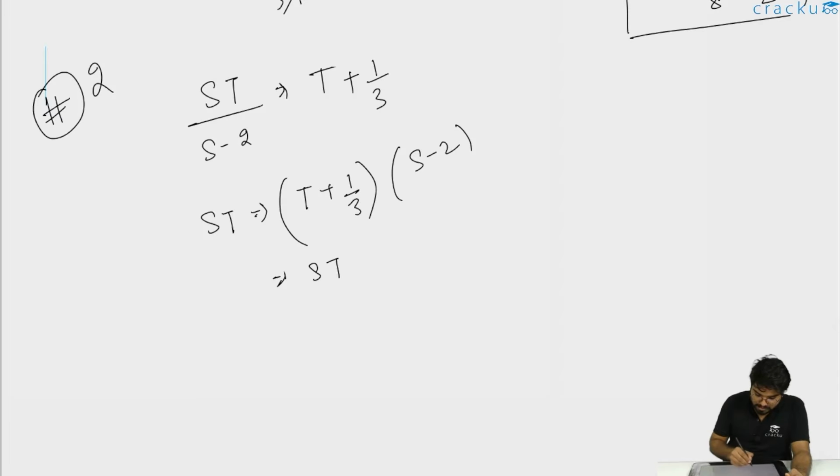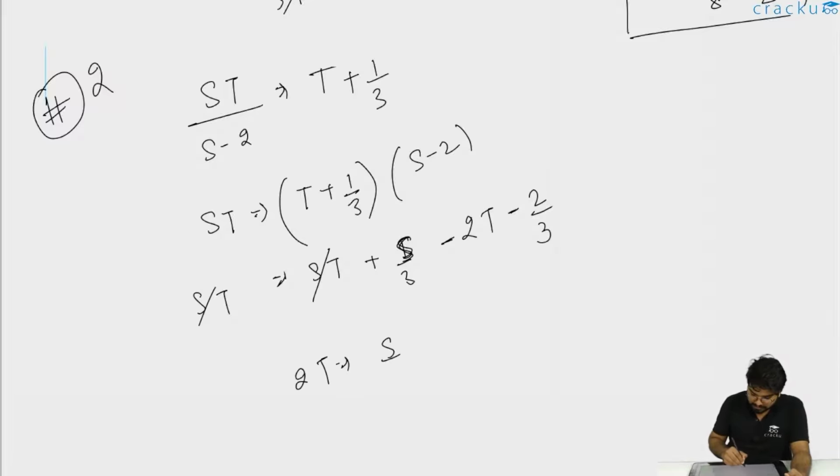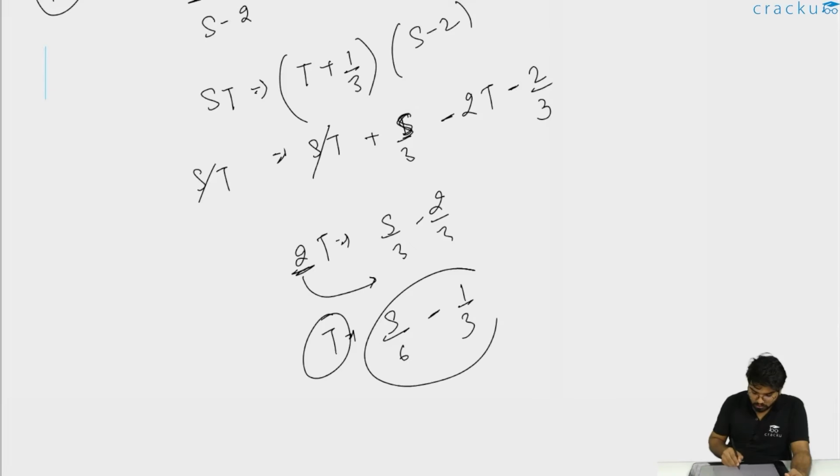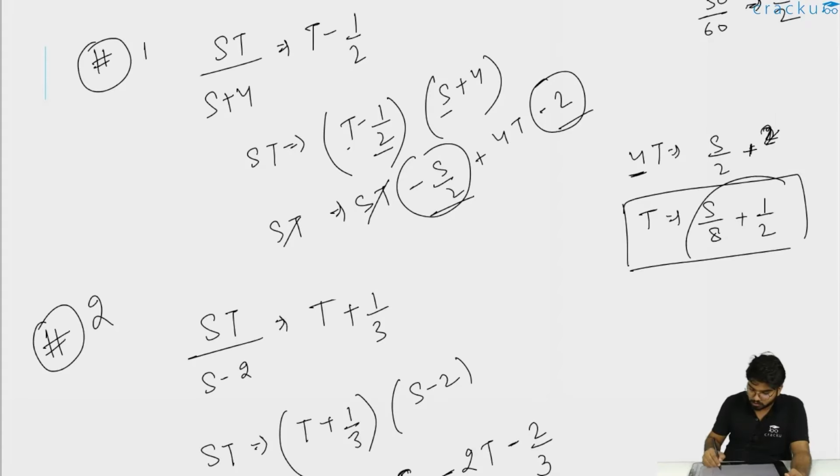Multiplying this will be st plus s by 3 minus 2t minus 2 by 3. Cancelling this out, we have 2t is equal to s by 3 minus 2 by 3. We can take this to the other side, so this will be s divided by 6 minus 1 divided by 3. Now t is equal to this and t is also equal to this.